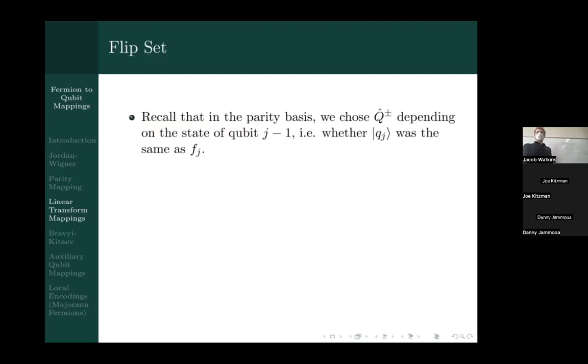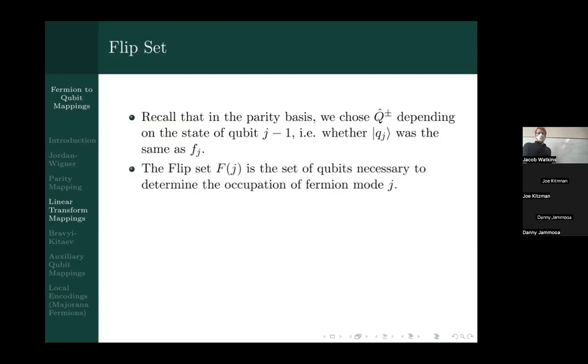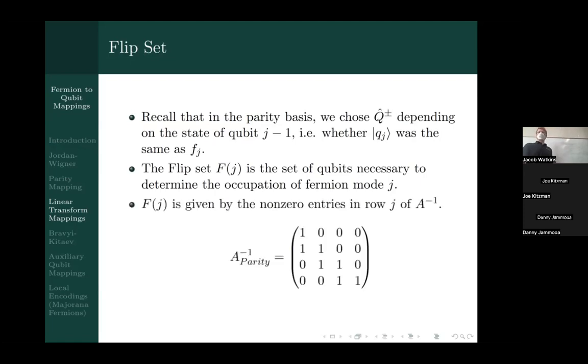Then there's finally the flip set, which is not the best name with its usage now. There are a couple of different conventions for these sets. I'm following one specific one. Basically, the flip set is what qubits you need to add up to determine whether fermion J is occupied or not. So it's just going from qubits to fermions, so you're just using A inverse.